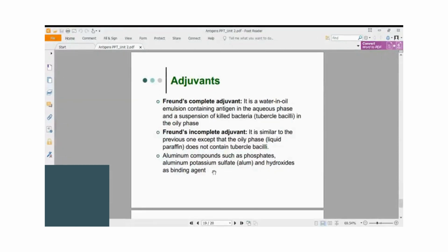You can administer it subcutaneously, intradermally, or intramuscularly. But oral vaccines or nasal vaccines or intravenous vaccines are generally with only the aqueous phase, and there will be no oil phase.